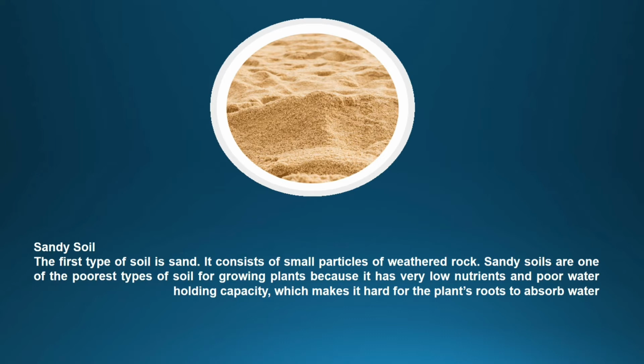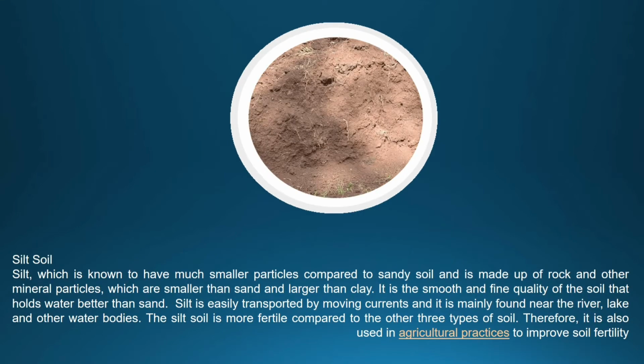Next, we are going to be talking about silt soil, the second type of soil. Silt is known to have much smaller particles compared to sandy soil, and is made up of rocks and other mineral particles.